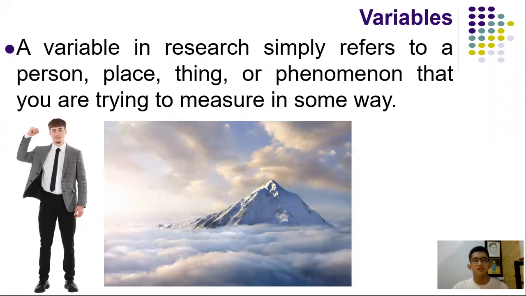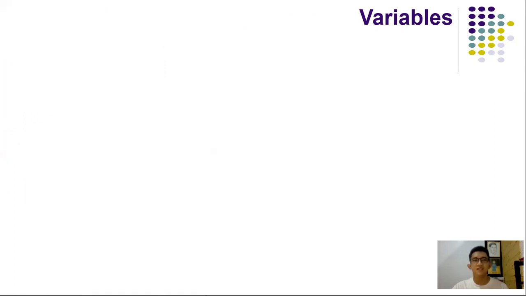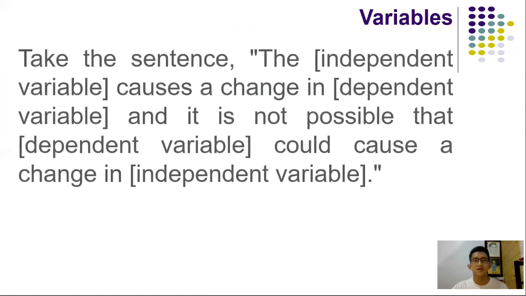In simple words, a variable in research simply refers to a person, place, thing, or phenomenon that you are trying to measure in some way. Let's take this sentence.